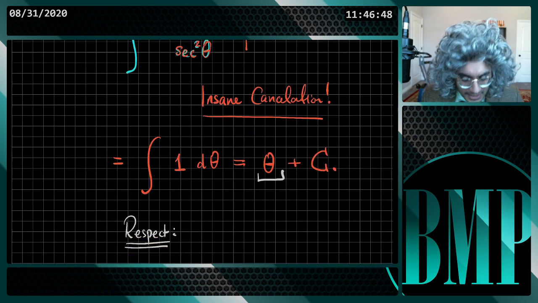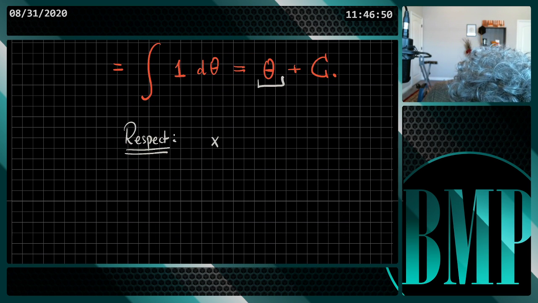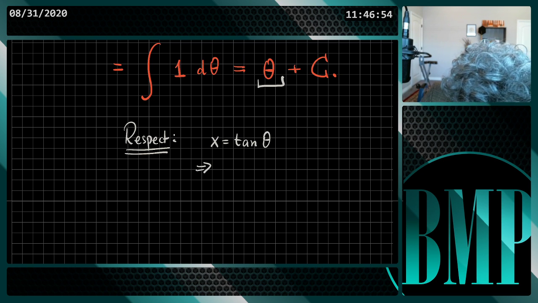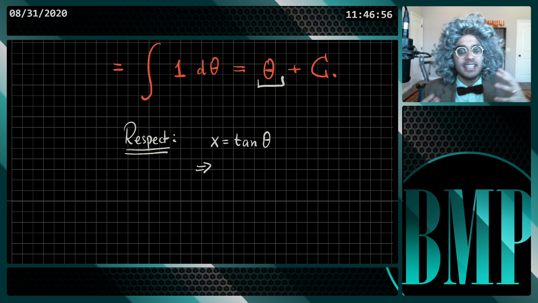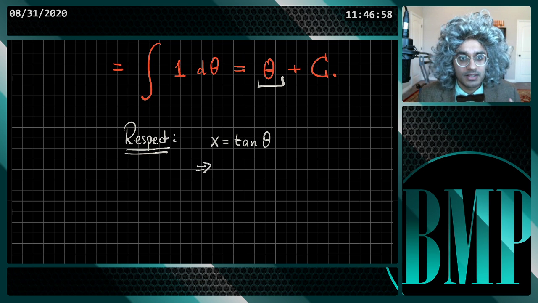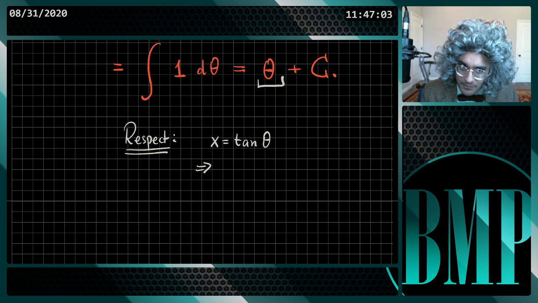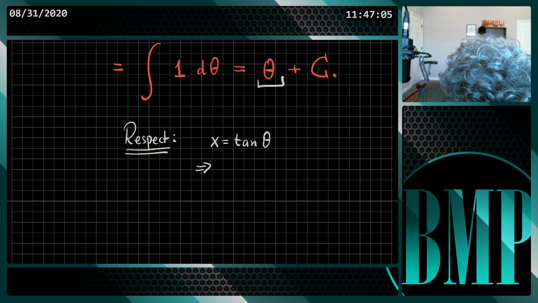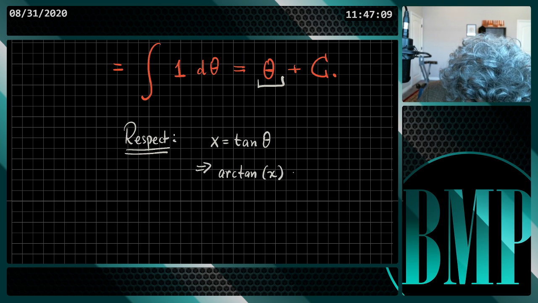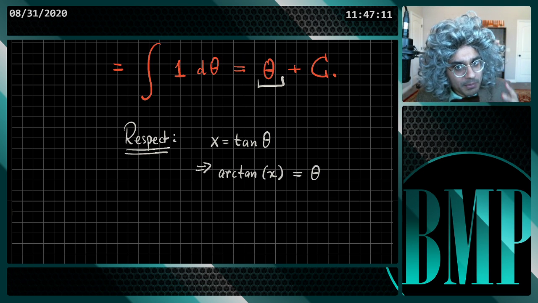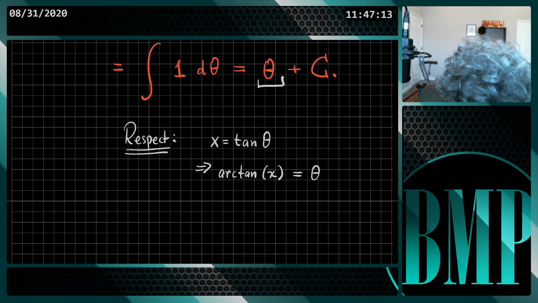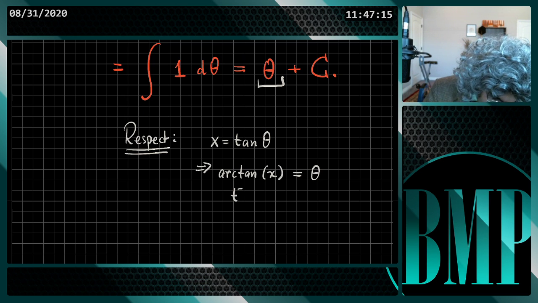So you isolate that. x was tangent theta, and so theta is the inverse function of tangent applied to x. The inverse function of tangent is called arctan. Other people also write tangent inverse.